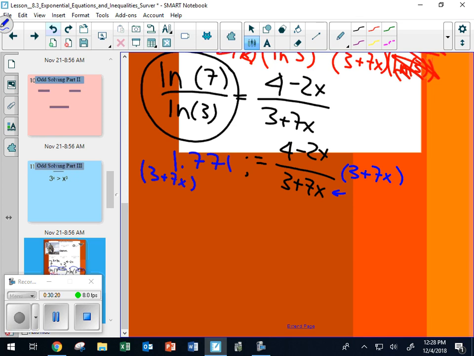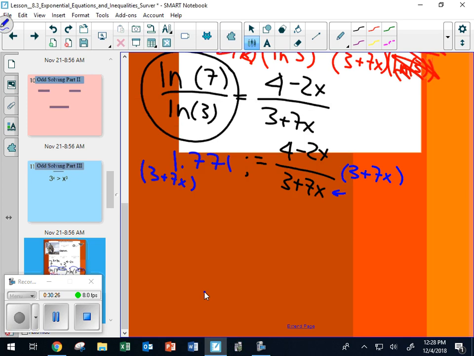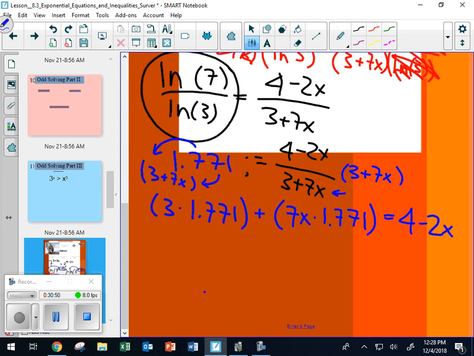And if we do that, we will end up with, I did this last period too, 3 plus 7x times 1.771 on the left-hand side, which we can distribute this number in. So if we distribute this number in, we'll have 3 times 1.771 plus 7x times 1.771. And on our right side, we will just be left with 4 minus 2x.